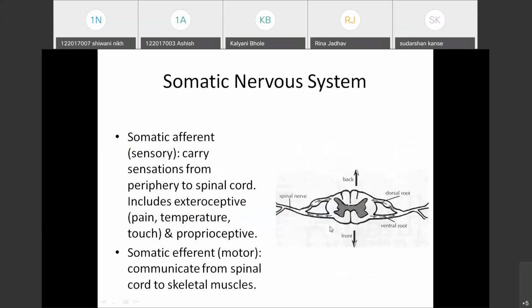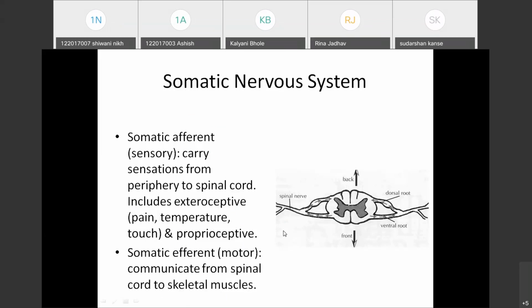Somatic afferent carries sensation from the periphery to the spinal cord, and it includes exteroceptive sensations like pain, temperature, or touch, and proprioceptive ones. It takes care of the small things like temperature, pain, or touch. Then somatic efferent, efferent is nothing but motor. So it communicates from the spinal cord to the skeletal muscles.